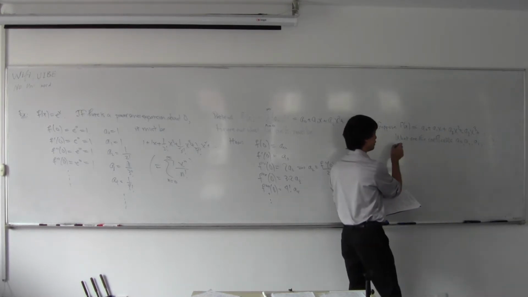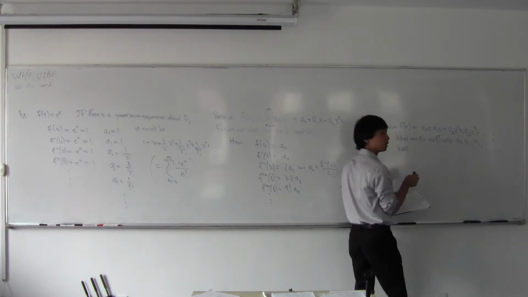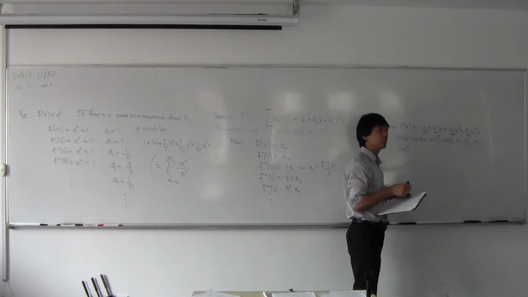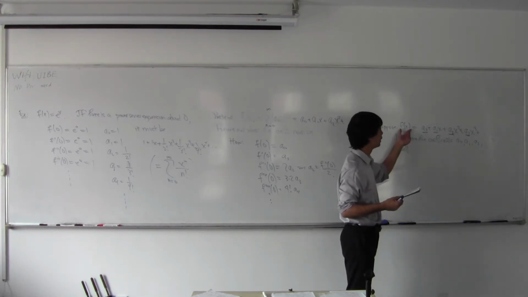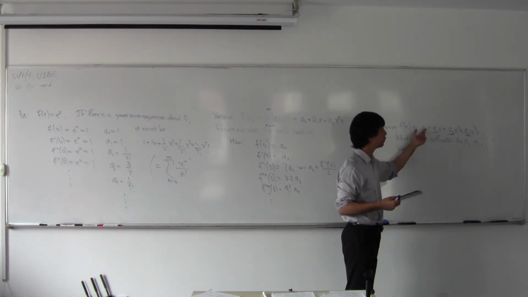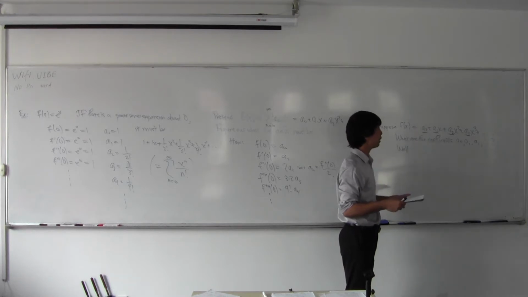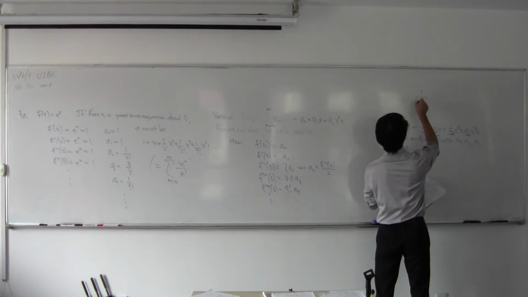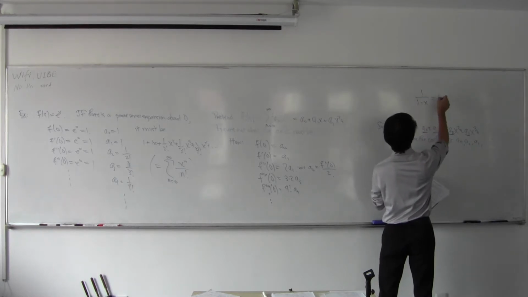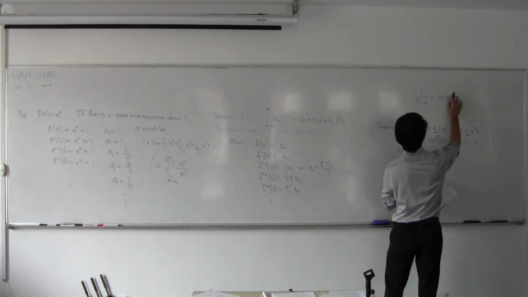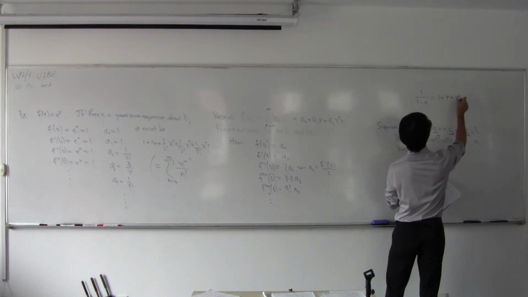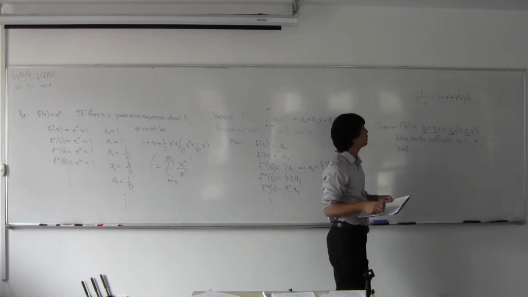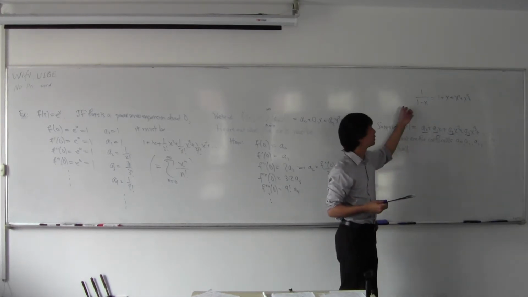And you say, well, what do you mean by coefficient? A0, A1, A2, A3. So you have a power series expansion. Remember, for example, yesterday we know that 1 over 1 minus x is 1 plus x plus x squared plus x cubed plus etc. We saw this.